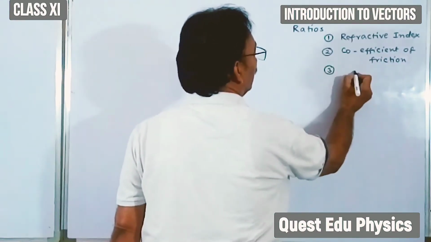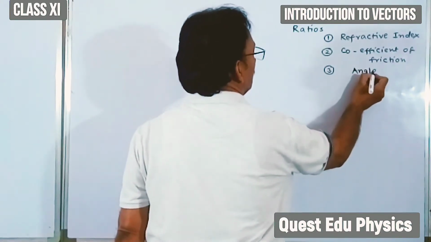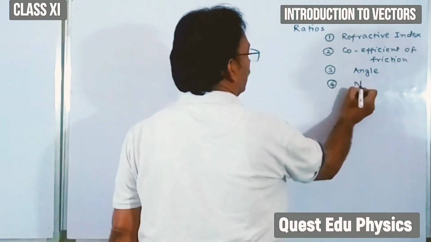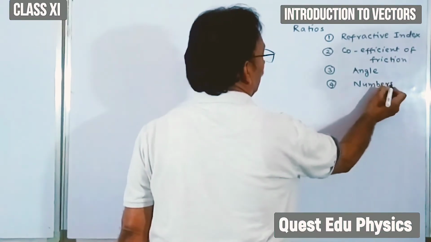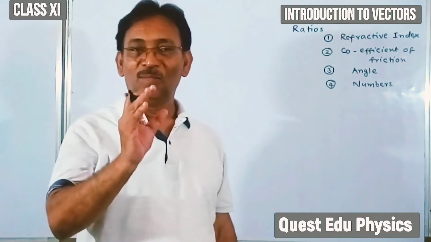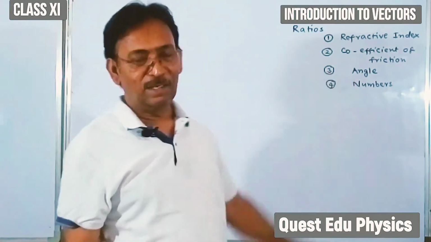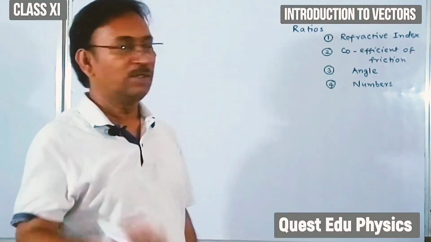The third is any angle, and the fourth is numbers. These physical quantities don't have any units, but angles we measure in radian and steradian. We'll talk about it later.